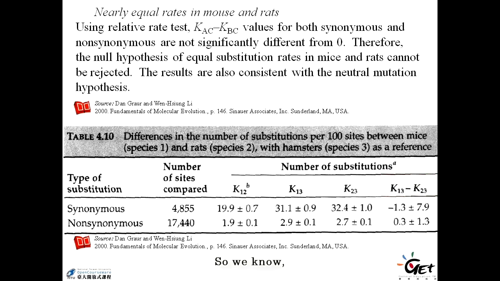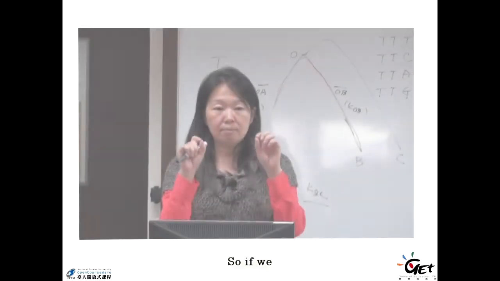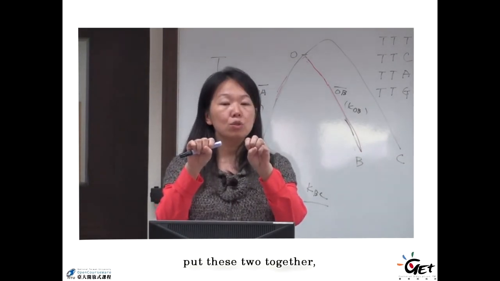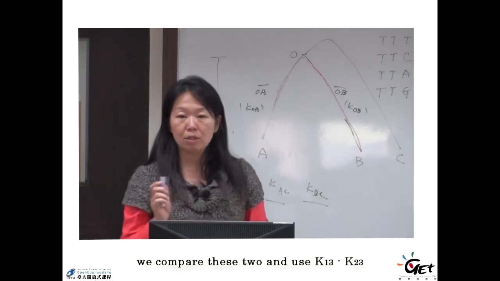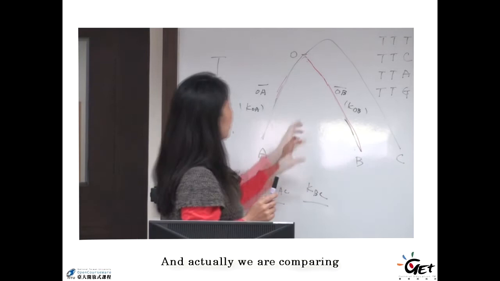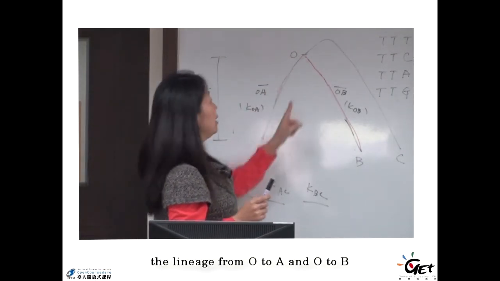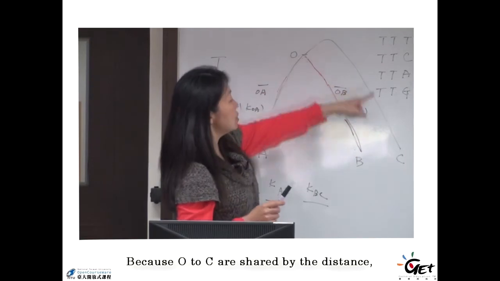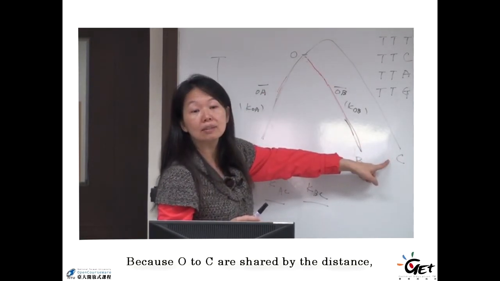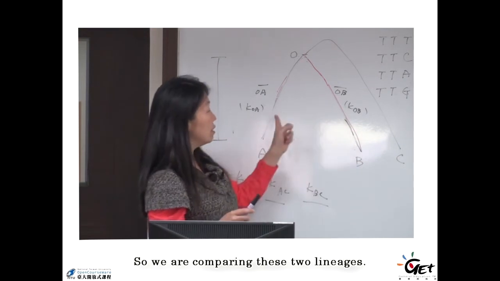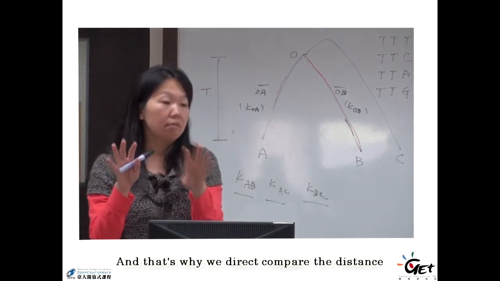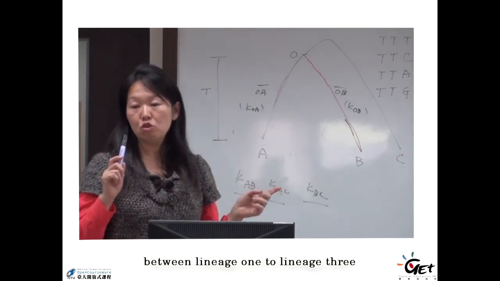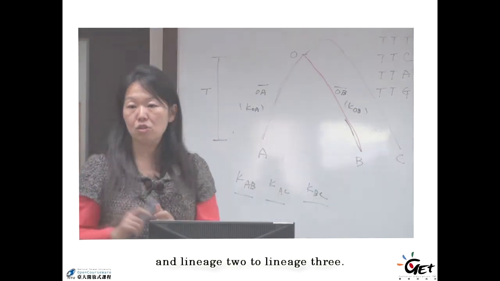From the previous slide, we know that by comparing K13 minus K23 we are actually comparing the lineages from O to A and O to B, because the O to C distance is shared. So we are comparing these two lineages, that is, the distance between lineage 1 and lineage 3 and between lineage 2 and lineage 3.